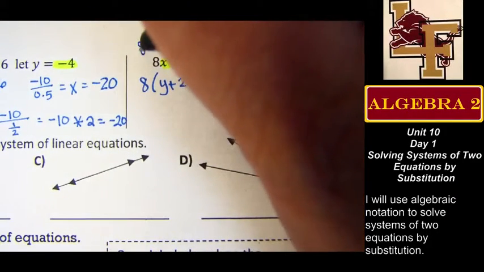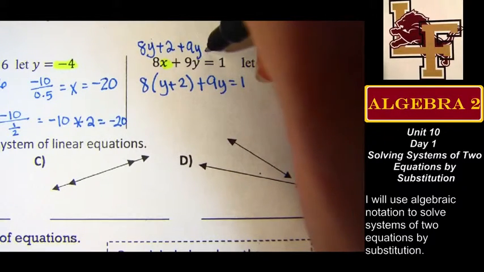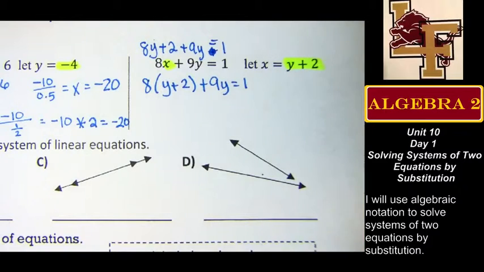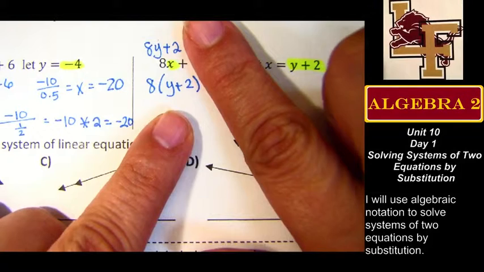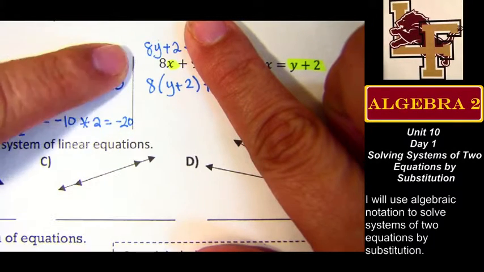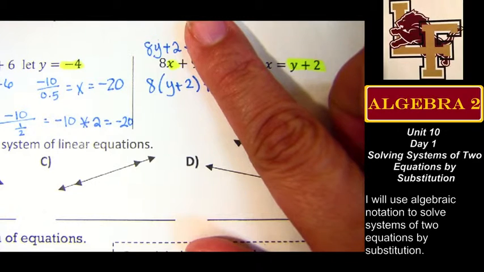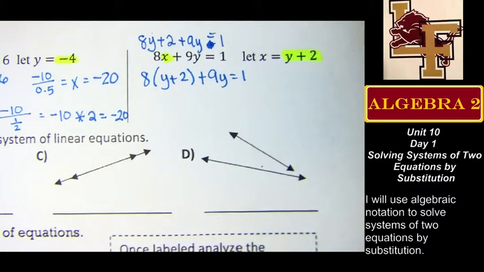If I don't put the parentheses, what I've written means 8 times y, and then plus 2. So I recommend putting those parentheses in there.